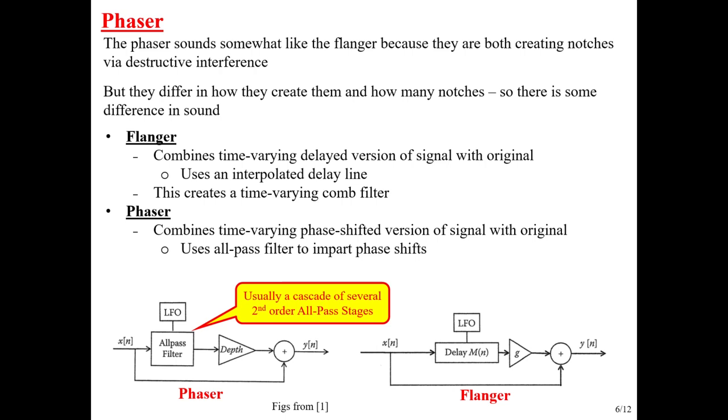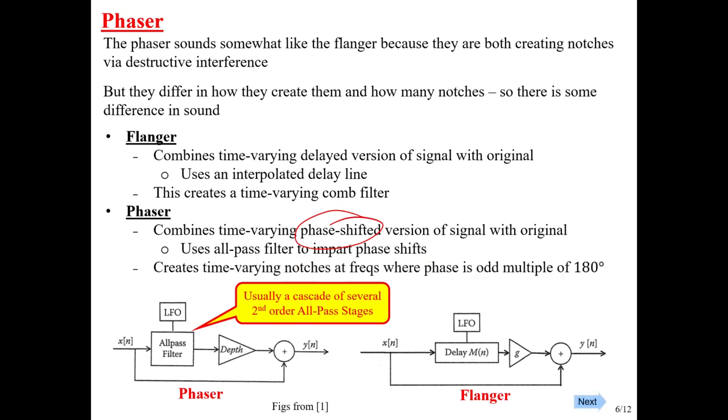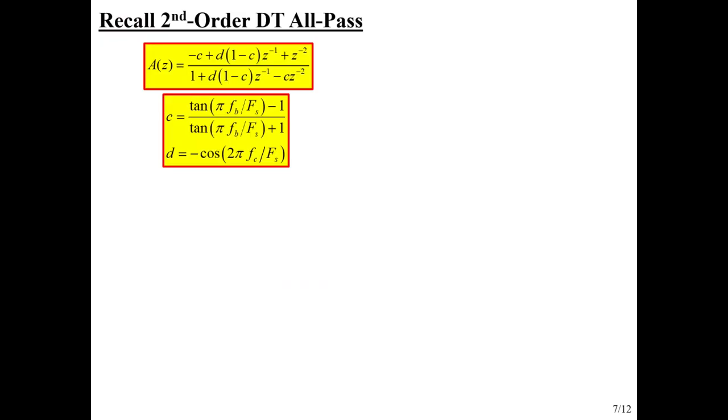For the phaser, no surprise, the word phaser comes from the fact that we're making notches based upon phase shifting, and we use all pass filters to impart that. So I say that here, odd multiple of 180 degrees. I might have misspoken just a minute ago. So that's the idea. So let's take a look at this.